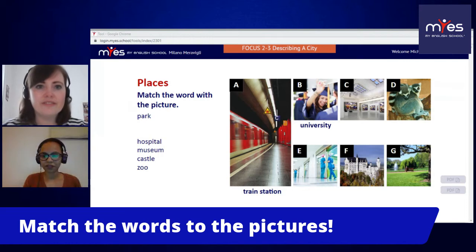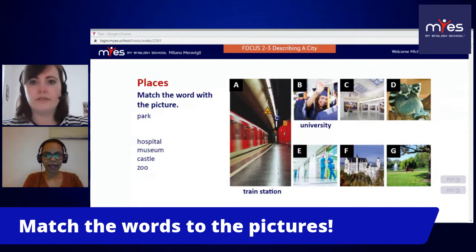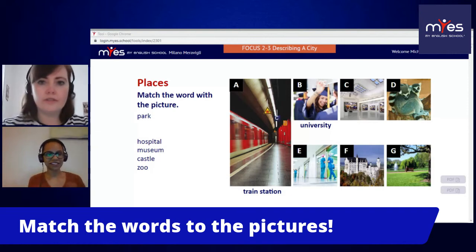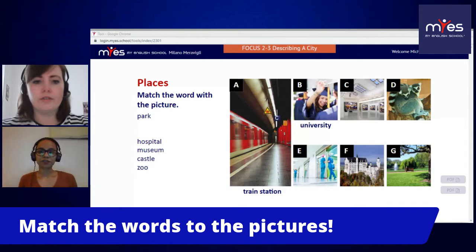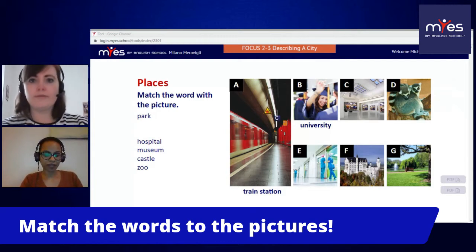To graduate is when you finish university, you finish the program of study, and you leave the university and start your life. Graduation is a noun, so just remember that. To graduate is a verb, and graduation is a noun.